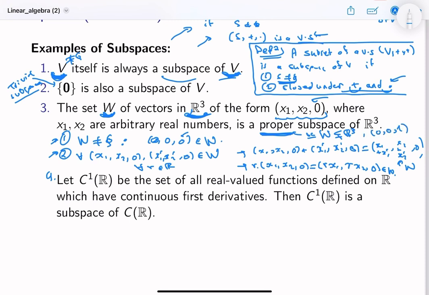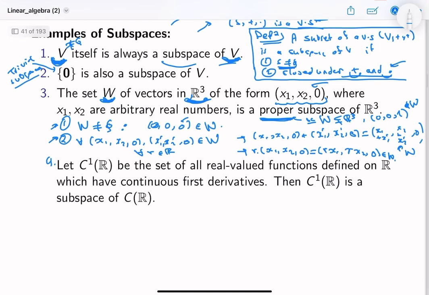This is in R cubed, right? But this is not in omega, because the third component is not 0. So it's a proper subset, and hence it's a proper subspace. So yeah, this is it, right?